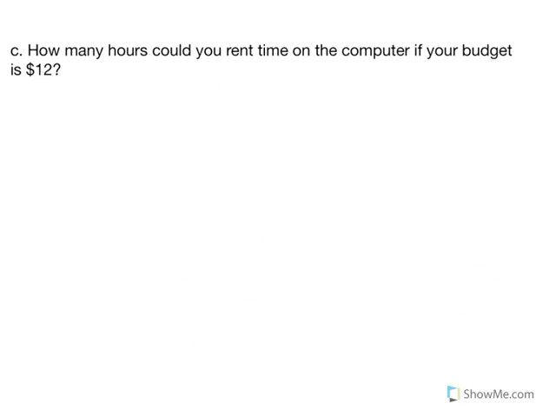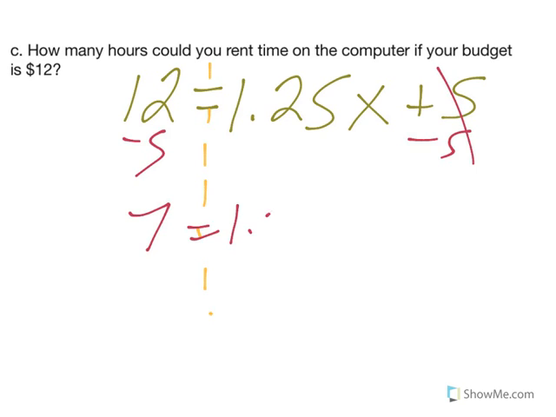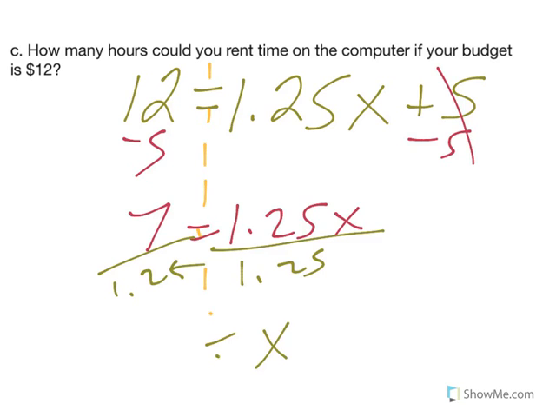Now, if you go to letter C, how many hours can you rent it if you only have $12? So now your 12 is going to go in for y, because that's your total budget. So again, I got to do my lovely math, subtract 5 from each side, and I get 7 is 1.25x. Divide both sides by 1.25, and you get a value of 5.6 hours.